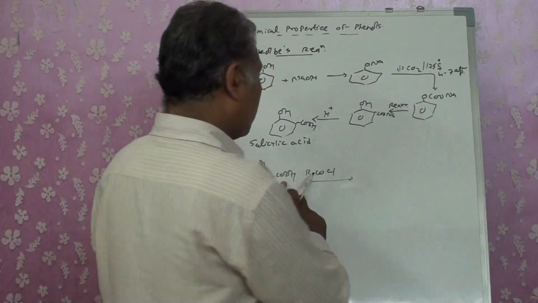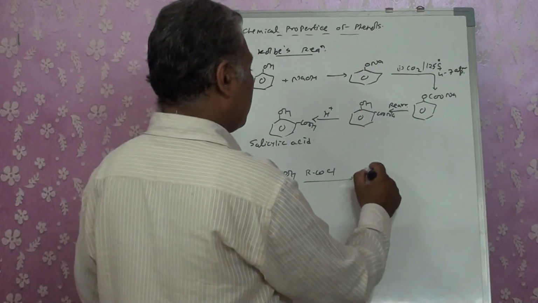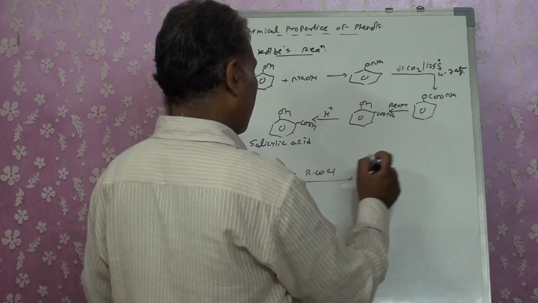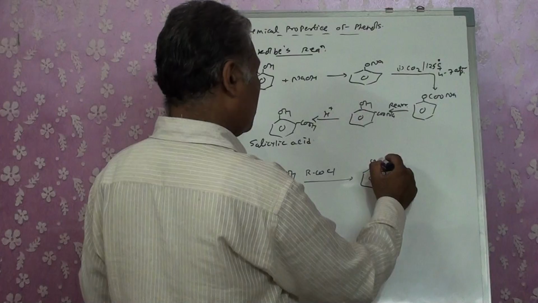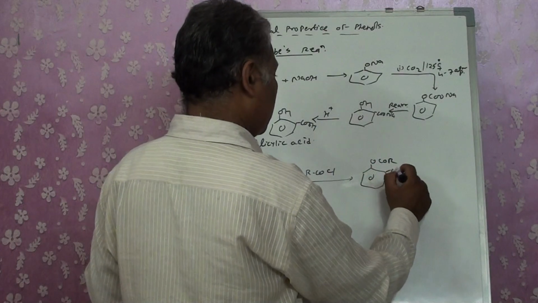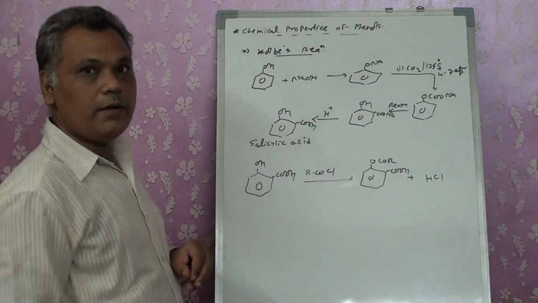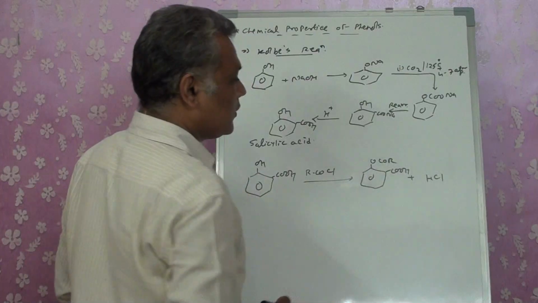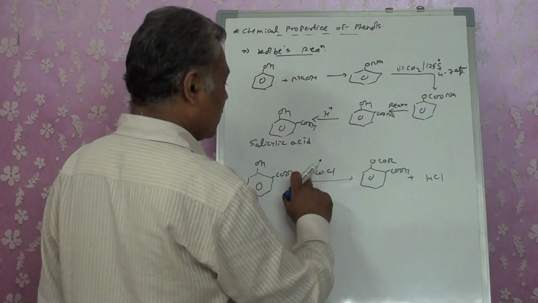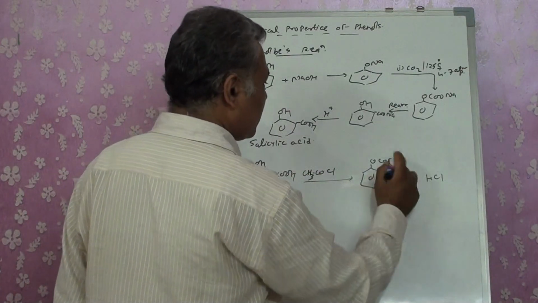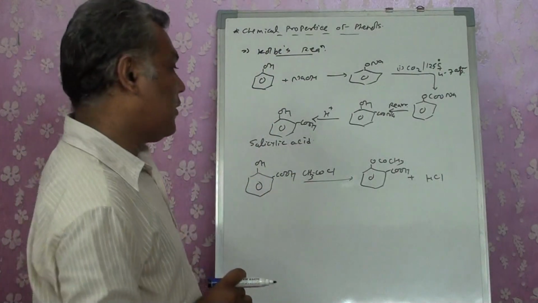Because the more reactive group is present, phenol goes for the reaction and gets converted into the compound OCOR, COOH, and HCl is given out, right? This is the compound known as aspirin, in which if I am taking R as CH3, this gets converted into aspirin.